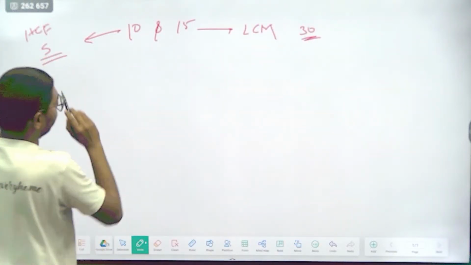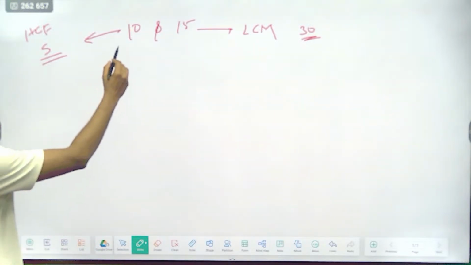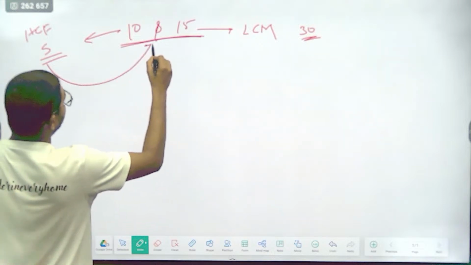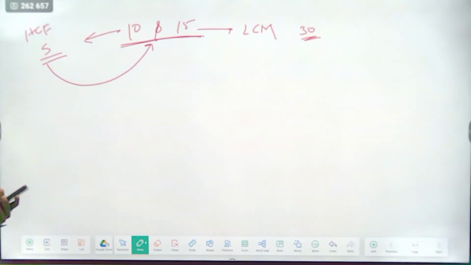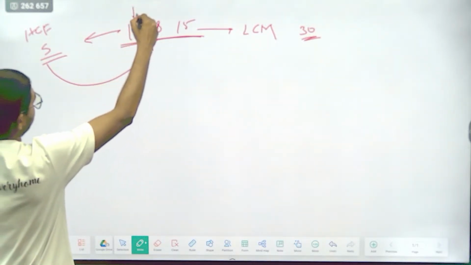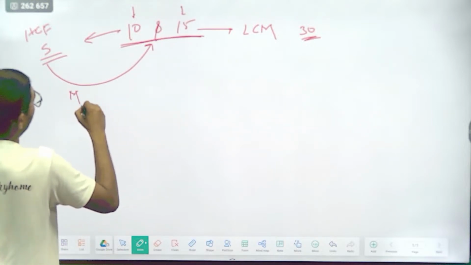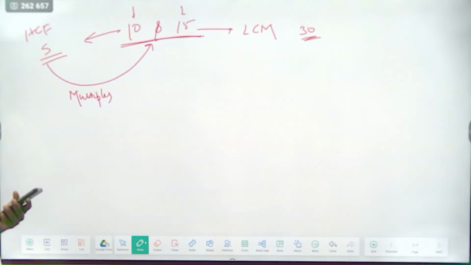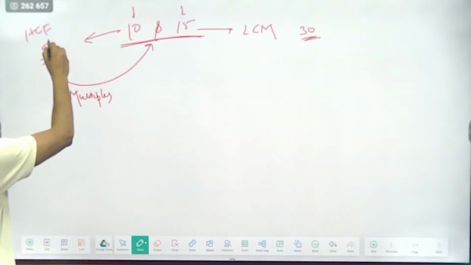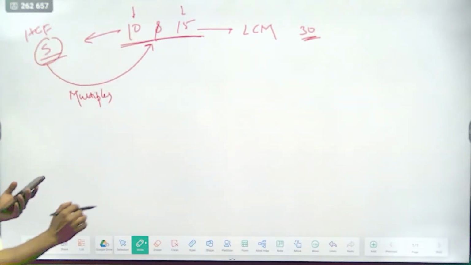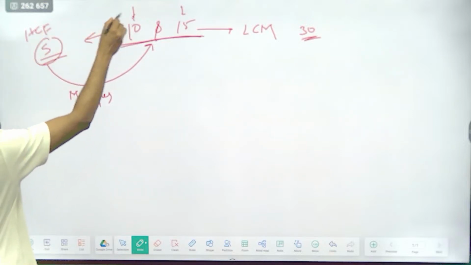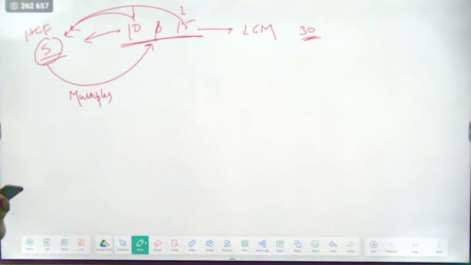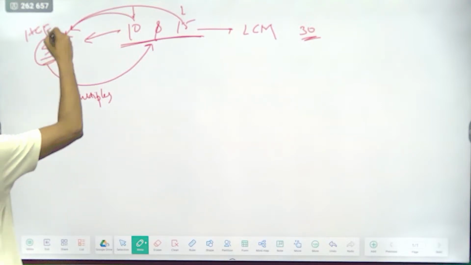If you observe, these two numbers A and B are the multiples with respect to this, and this number 5 with respect to these is what? Factors, divisors, right?